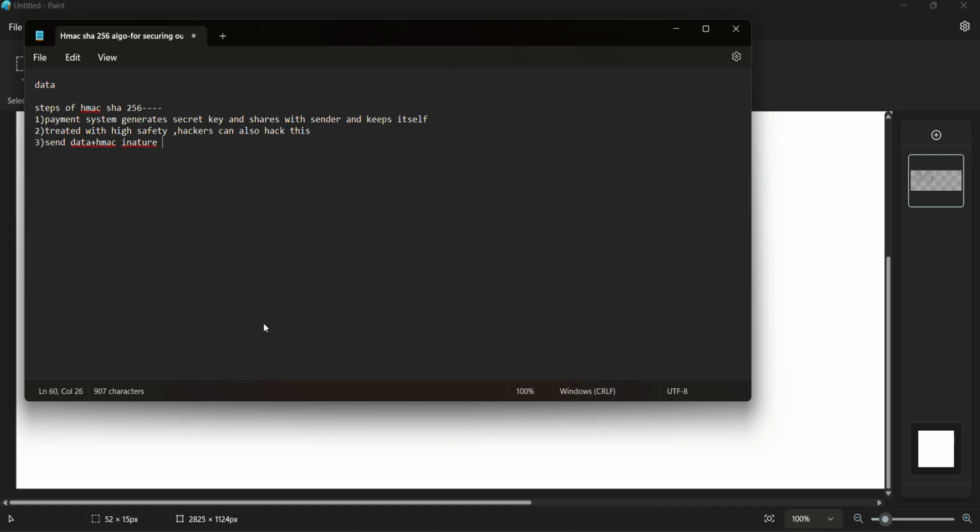The data is provided with the secret key. The generated signature is provided with the input request.